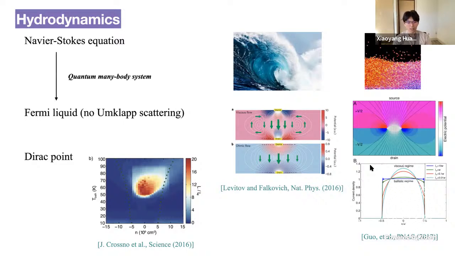However, the Dirac point is a little bit different from the Fermi liquid because it's sort of similar to so-called quantum criticality, and at the Dirac point, you will basically break the Galilean invariance, which is maintained in the Fermi liquid region. So in any case, what people find is that the Lorenz ratio, which is typically defined as the thermal conductivity over the electric conductivity, has a huge peak near the Dirac point.